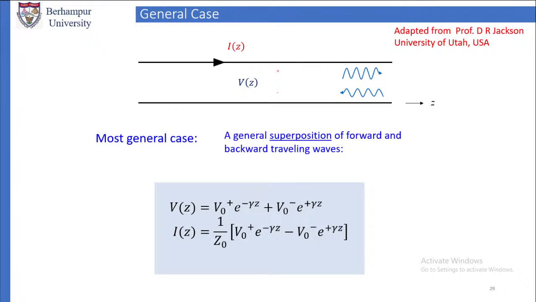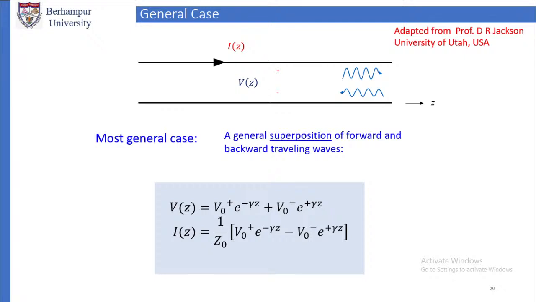Now we'll consider the most general case. In the most general case, there will be a superposition of forward and backward traveling wave. Since there will be a superposition of forward and backward traveling wave, Vz will be V0 plus exponential minus gamma z plus V0 minus exponential plus gamma z. Then Iz will be 1 by Z0 times V0 plus exponential minus gamma z minus V0 minus exponential plus gamma z.